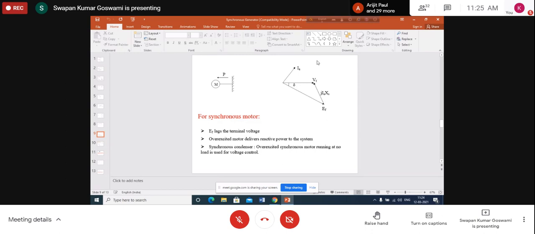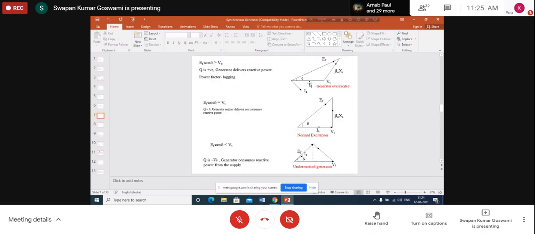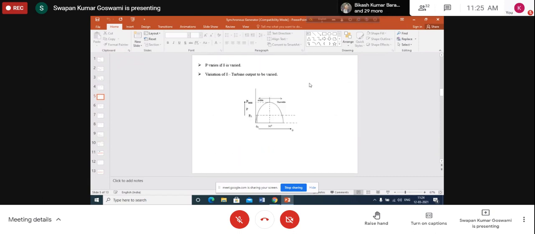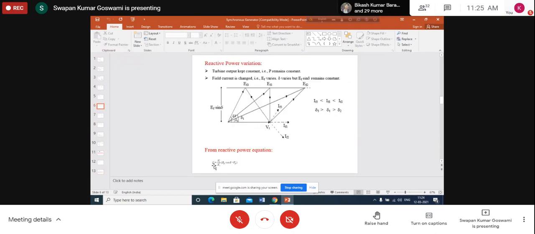What happens to the reactive power? The same expression is applicable. This was the expression for reactive power: Q equals VT by XS times EF cosine delta minus VT. So EF cosine delta is greater than VT means Q becomes positive.